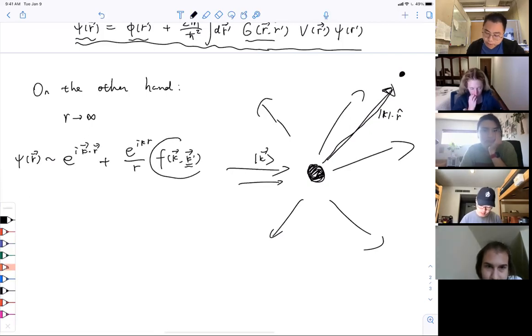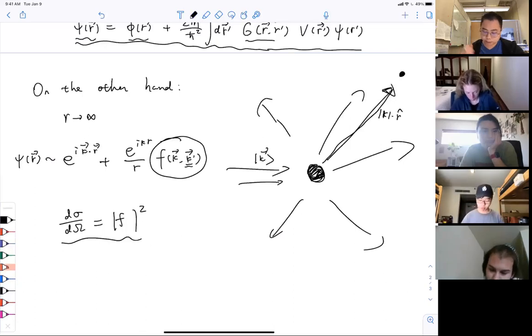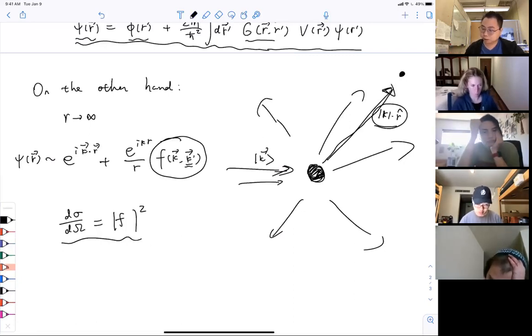This quantity is known as the scattering amplitude, and the square of it is nothing but the cross section, right? Very roughly speaking, you can understand this quantity as the probability that the incoming wave is scattered into this direction, or the probability that you can find a particle in this direction.